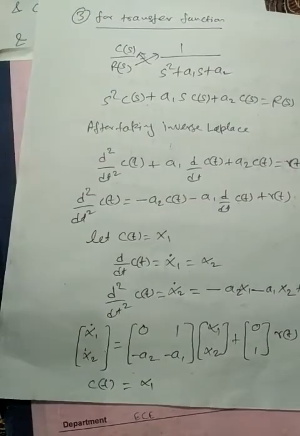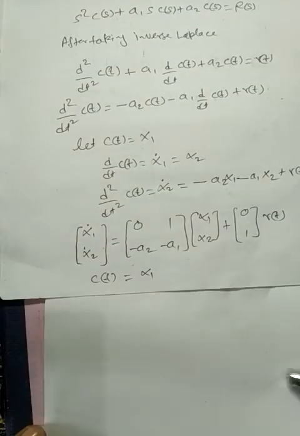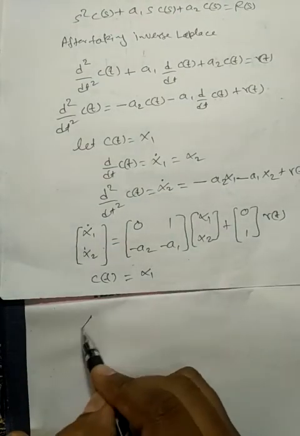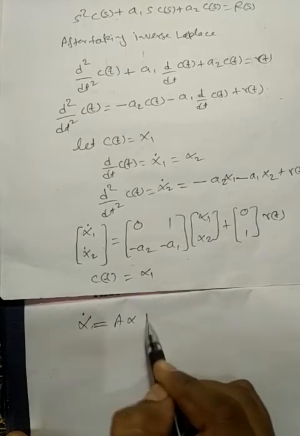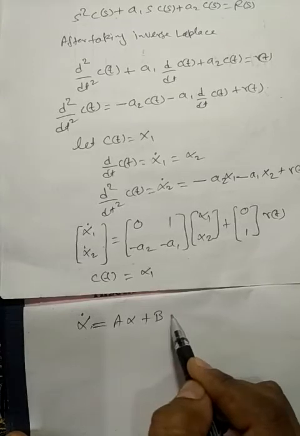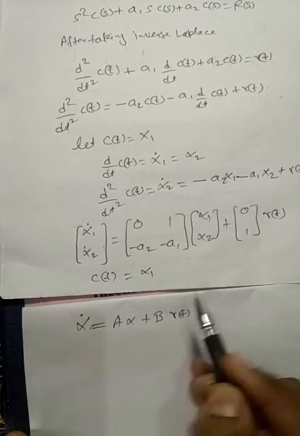So finally we get the equations like x dot is equal to ax plus b rt or ut.